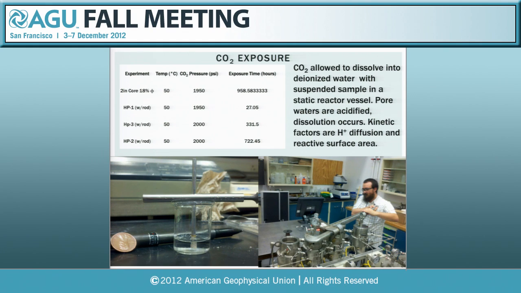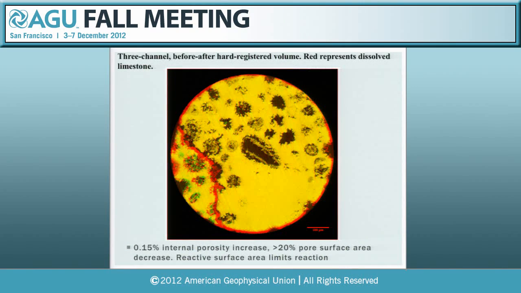And we have these longer exposures right here, but I don't have the images from anything but this high porosity sample. We also have an exposed 2-inch core that we have before and after velocity and permeability results for. So this is a registered volume of the limestone before and after exposure, and the red represents dissolved limestone.